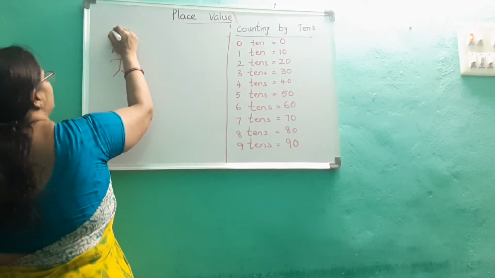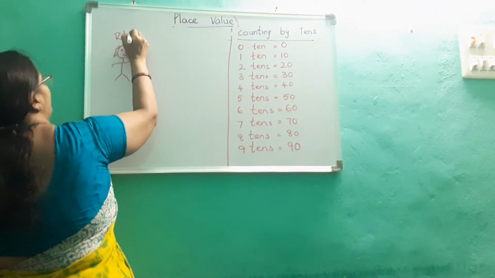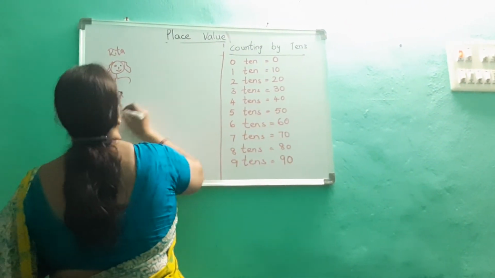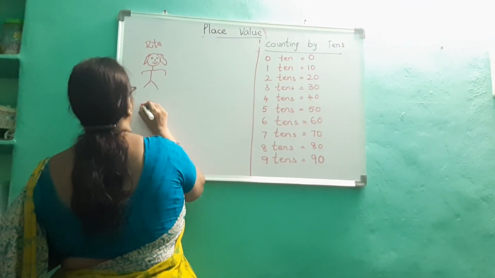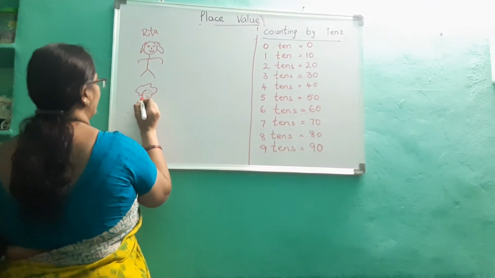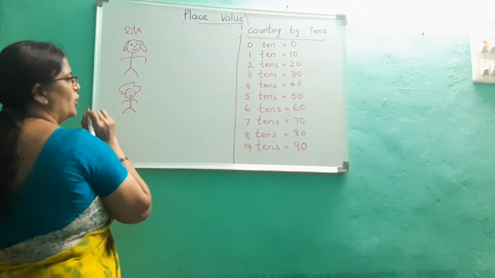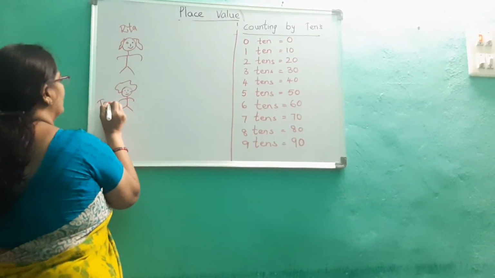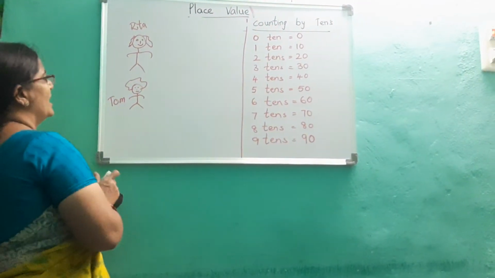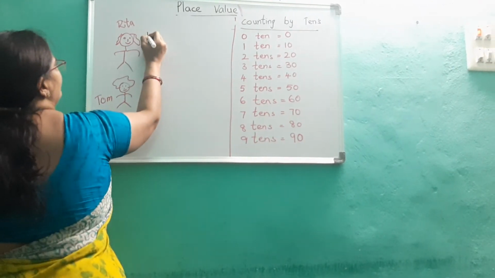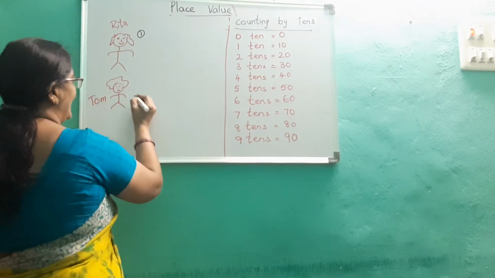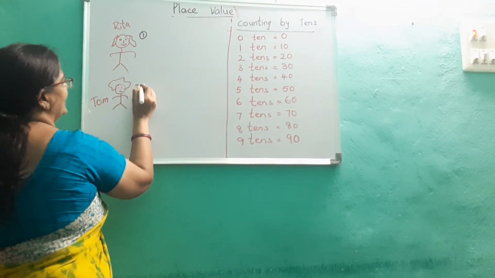Now here, her name is Rita. Okay. And this boy's name is Tom. Got it? Tom. Now, Rita is in first class and Tom is in second class.